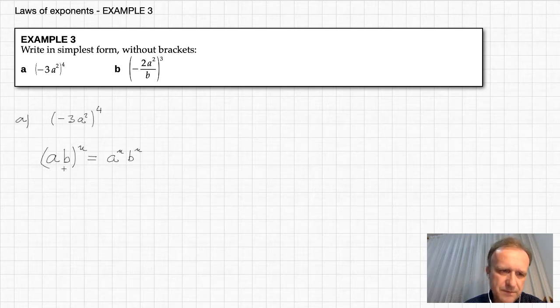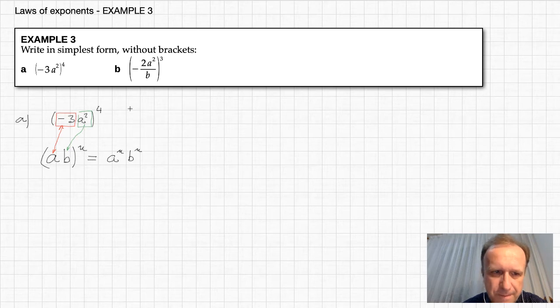So if you want to use this law, you have to identify what a and b is in your situation. This first factor, minus 3, corresponds to a here, and this second factor, a squared, corresponds to b.